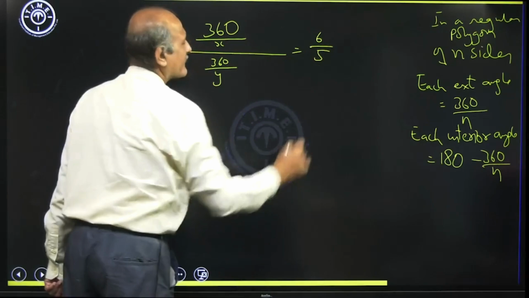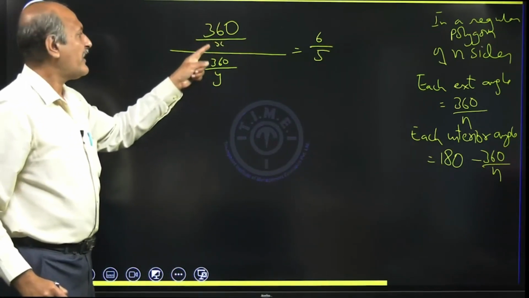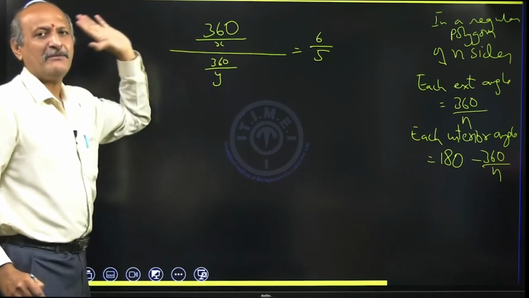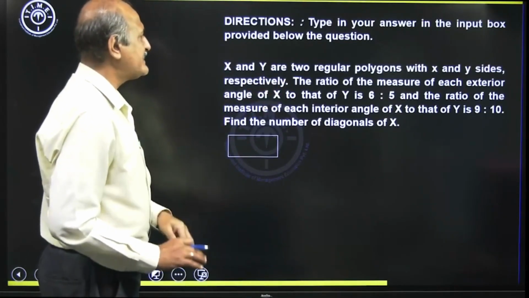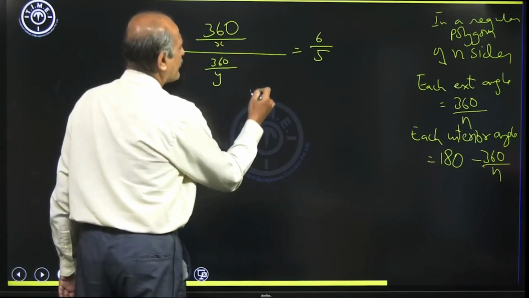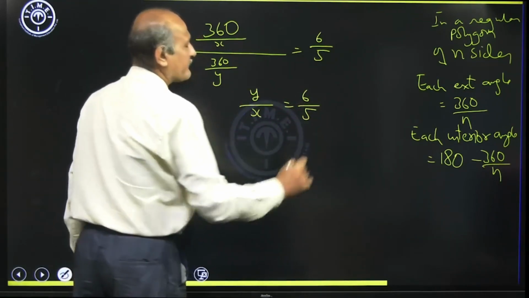What is 360 by x? It is each exterior angle. 360 by y is each exterior angle of the polygon with y sides. And that ratio he has given is 6:5. Upon simplifying this, we get y by x is equal to 6/5.